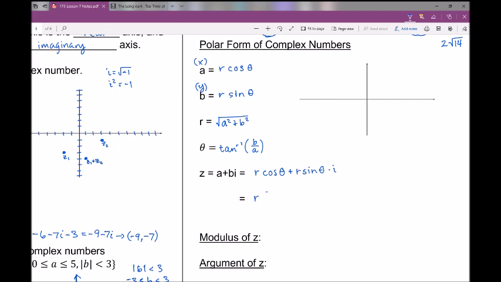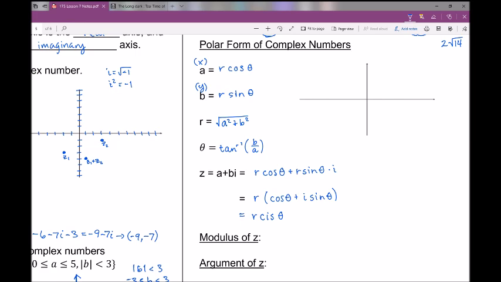So we get that it's r times cosine theta plus i sine theta. We usually write the i before the sine just so we don't get it confused with the theta. So i is outside of the sine. And furthermore, if you wish to use a simplified notation, and I'll actually use this a lot because I think it's really handy, you can shorten this to r cis theta. So cis is just a shortened version of cosine i sine. All right?